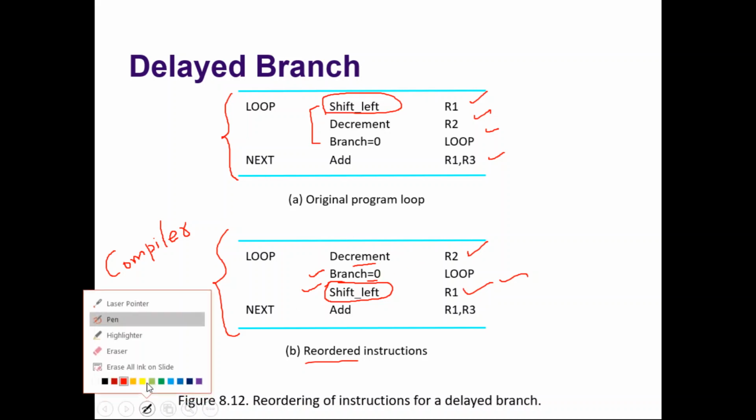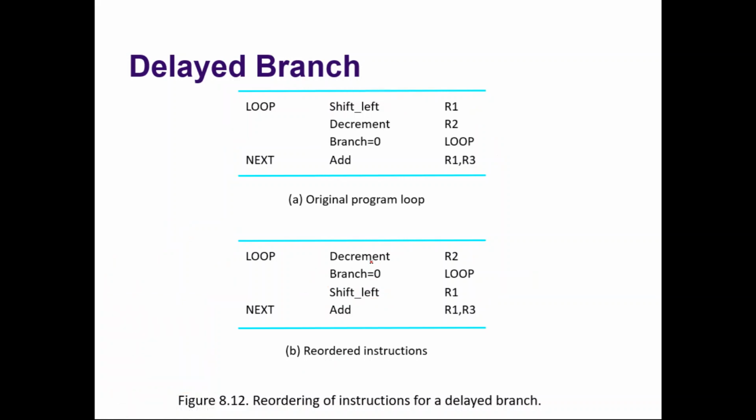So let me show the corresponding timing diagram. Before that let us see a simpler one. Say for example, this is instruction 1, this is instruction 2, this is instruction 3, and this is instruction 4. These are the clock cycles, say 1, 2, 3, 4, 5, 6, 7, 8.